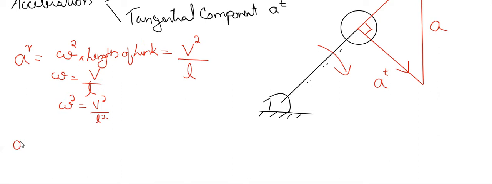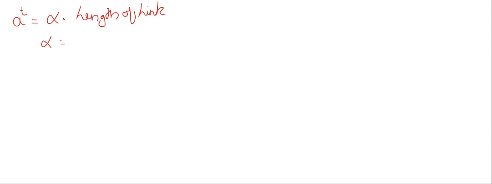And acceleration along tangential component, AT, that is tangential component, is found out by the equation alpha times length of the link, that is the respective link for which tangential component we are finding. And alpha is known as angular acceleration. We know acceleration is change in velocity by time.